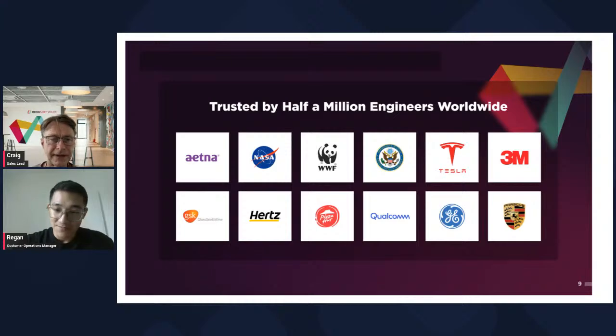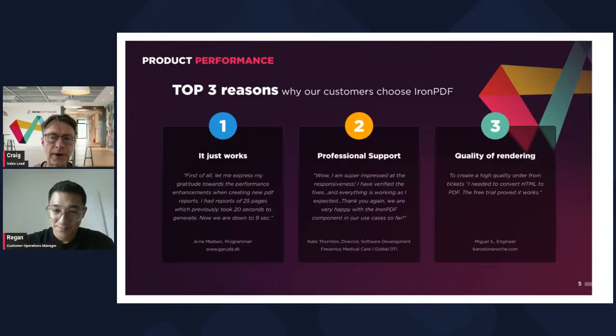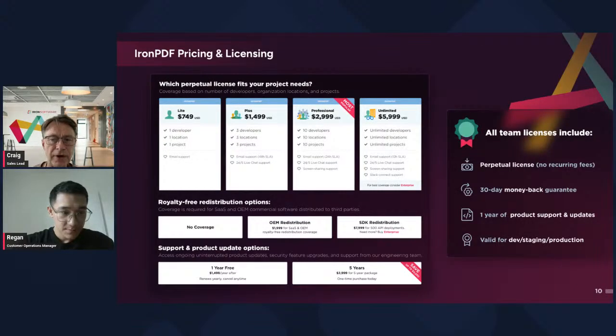Thank you. Perfect. Okay, now we'll go quickly onto the licensing slide. We offer a range of flexible pricing models from our startup-friendly Lite license to the developer licenses designed for 3, 10, or unlimited.